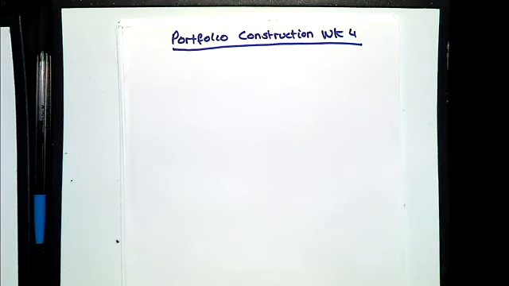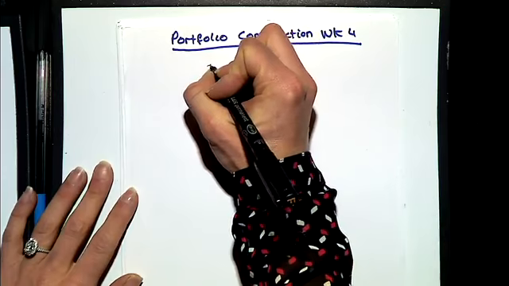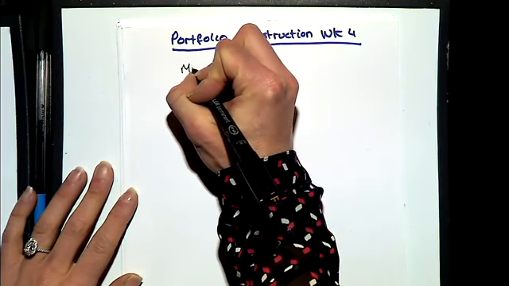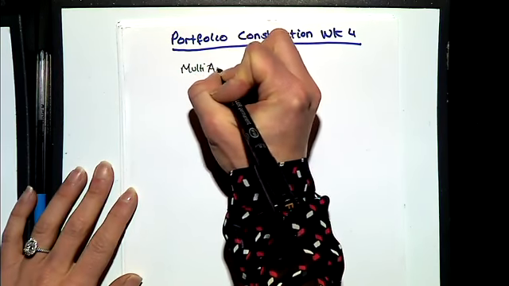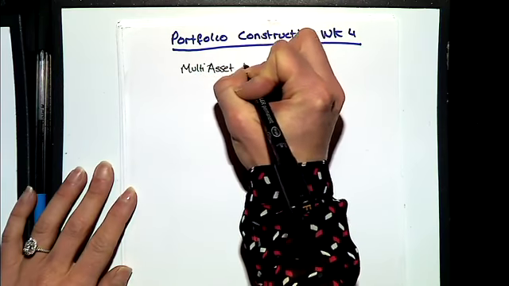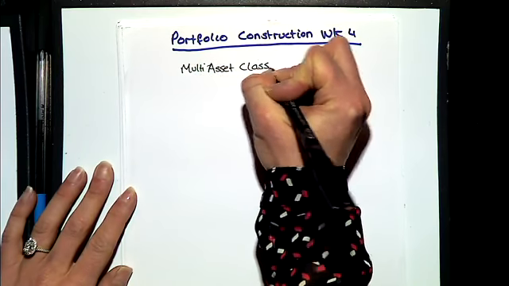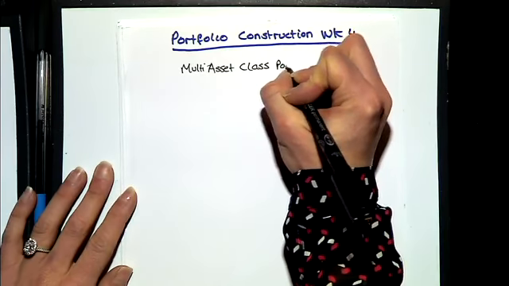So before we go into the actual content of today, let's just sketch out what we've done so far. Essentially in week 1, we gave an overview of a multi-asset class portfolio.